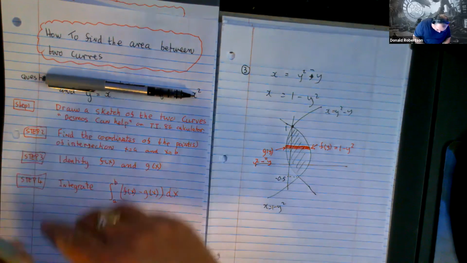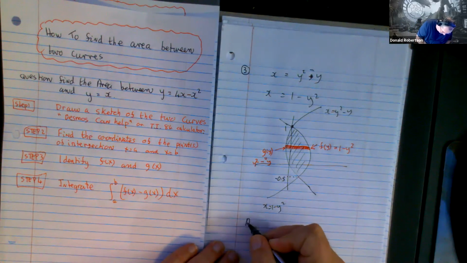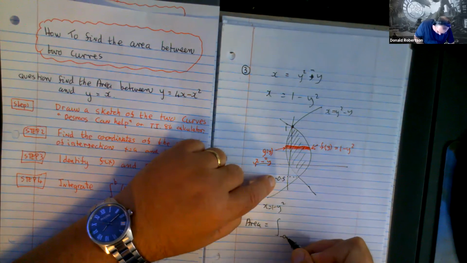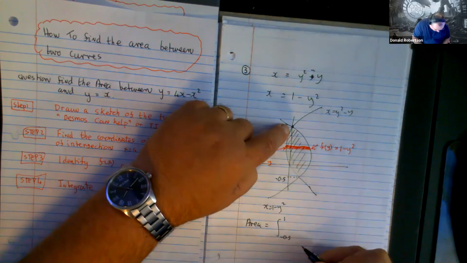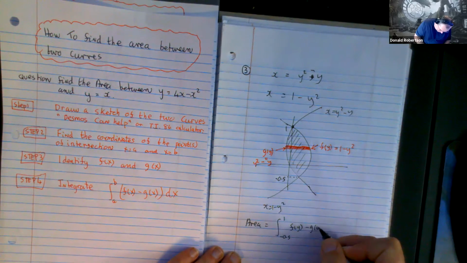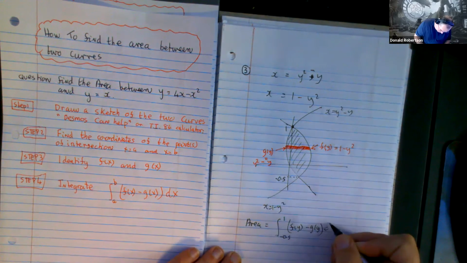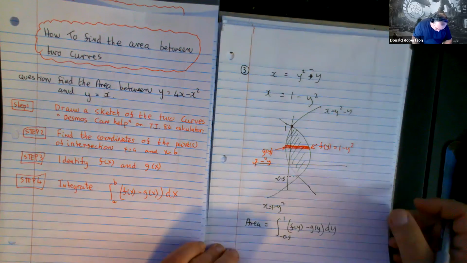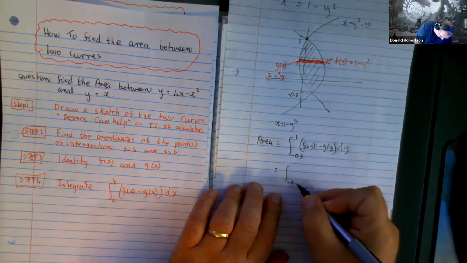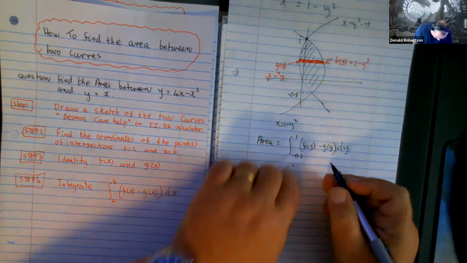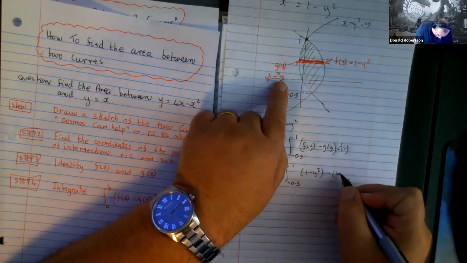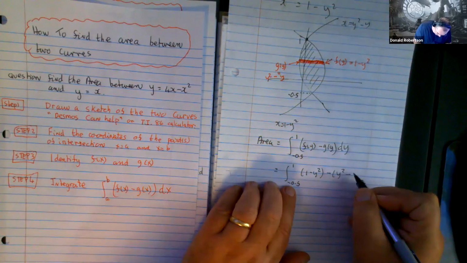And the integration process to calculate the area here is the integral from -0.5 to 1 of f of y take away g of y dy. It's going to be the integral from -0.5 to 1 of 1 minus y squared take away y squared minus y.